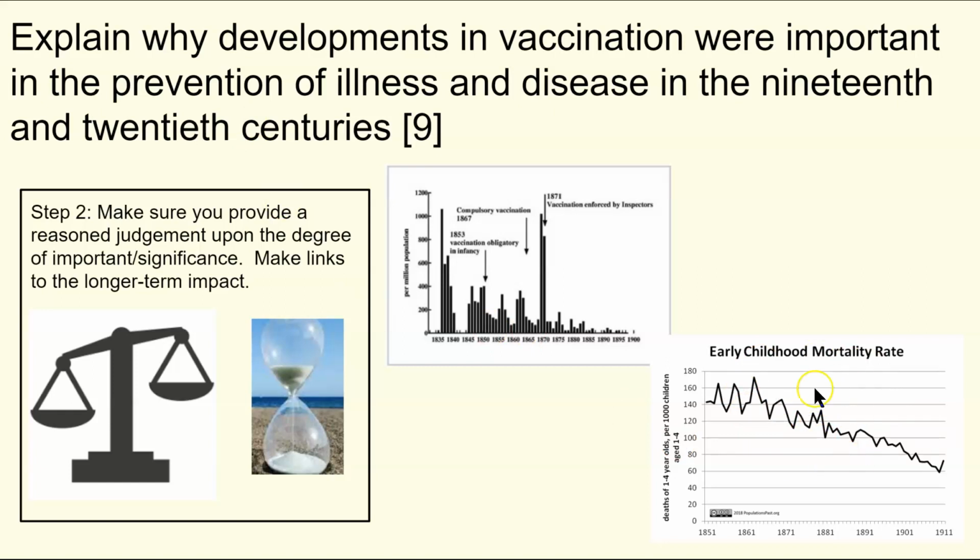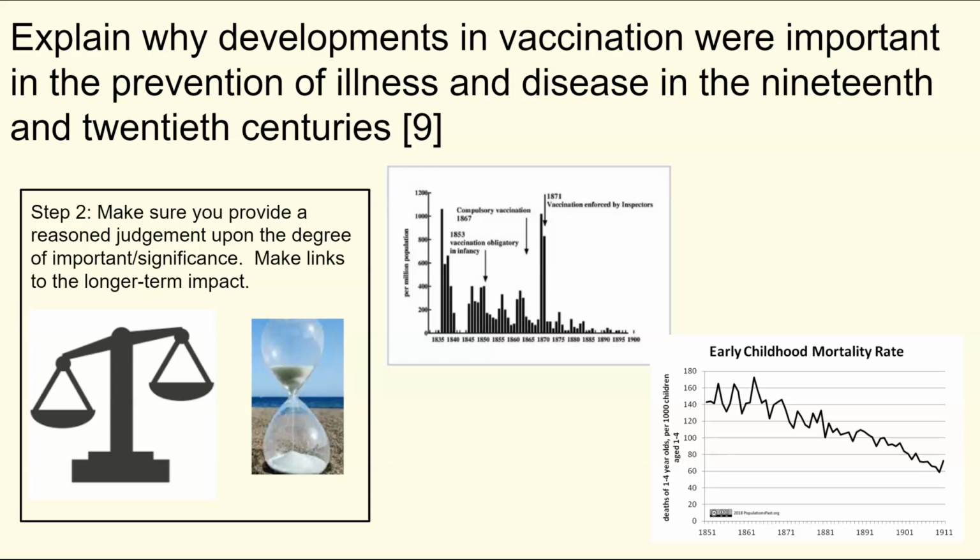What this graph shows is early childhood mortality rates in England from 1851 to 1911. And what we're seeing here is a steady decline in mortality rates. What this means is children are more likely to live beyond the age of 4. This is good news. If we continued this graph forwards, we would see that it continues to gradually decline, indicating that more and more people are living beyond the age of 4.